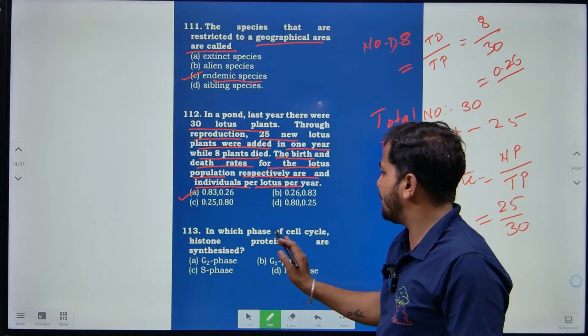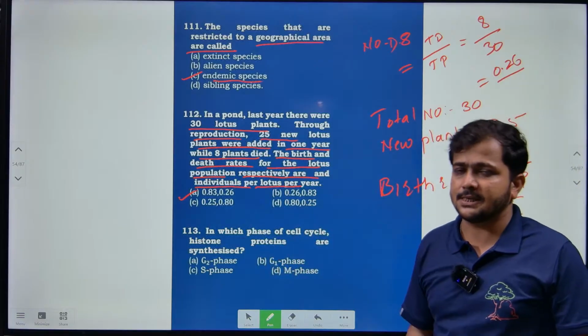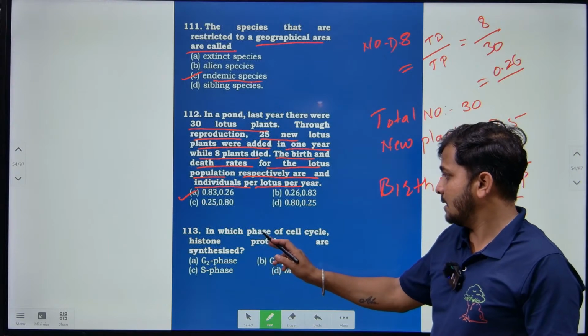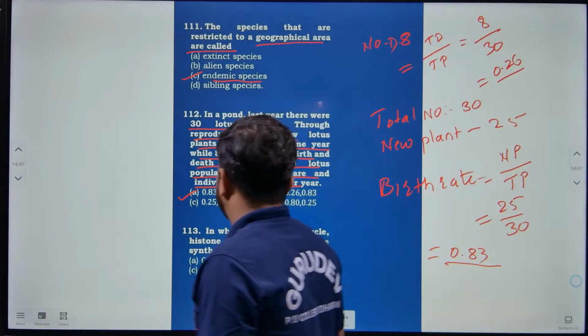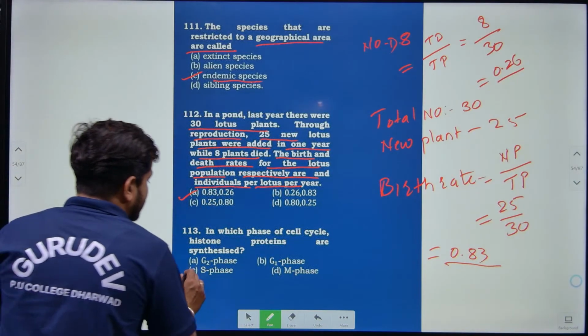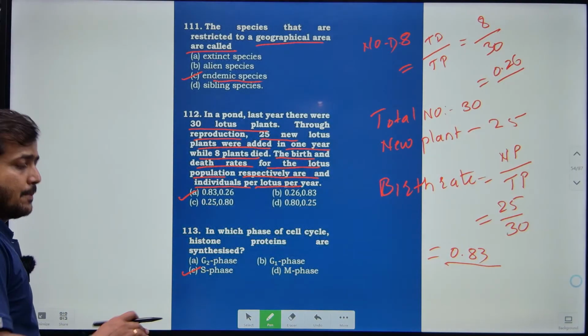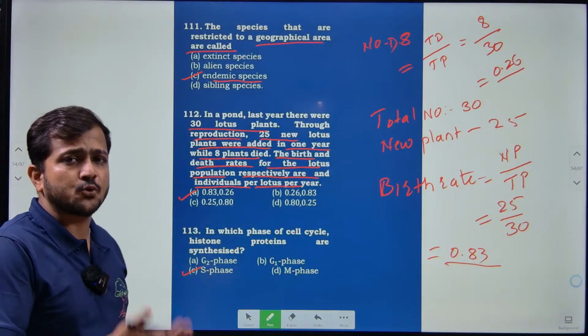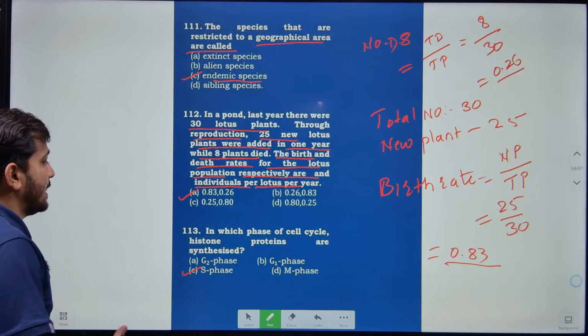Then, in which phase of the cell cycle are histone proteins synthesized? That is the S phase itself, where there will be synthesis of histone proteins, because when DNA formation takes place, it should be coiled into the chromatin network, right?